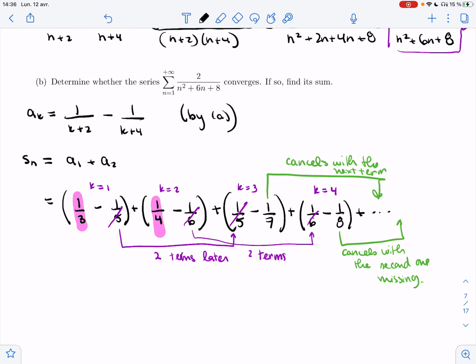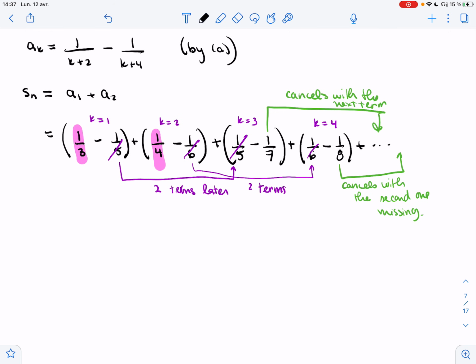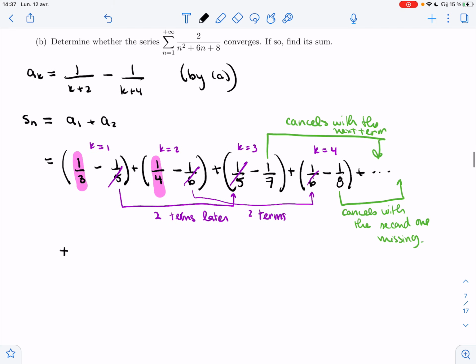Now we have to figure out what sticks around at the back of the list. I used 4 terms here, so I'm going to use 4 terms. So A3, A4, 3 dots.